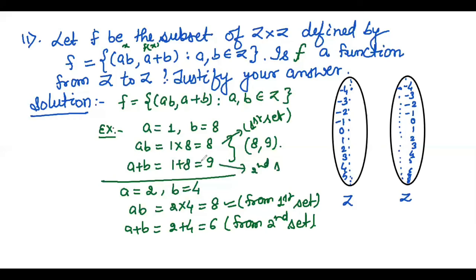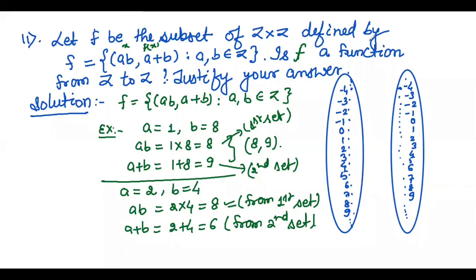So you can see when we are taking an element 8 in the first set, 8 is connected to 9. Clearly, I'm drawing it. 8 I'm taking from the first set and it is connected to 9.